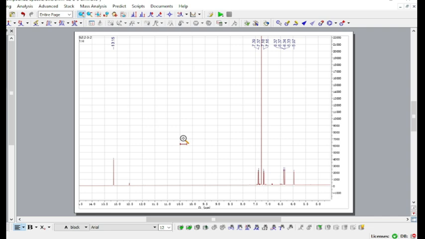So if you have, for example, five signals, each one may have one, two, three protons. And when you combine the integrations of all the signals, you get the total number of hydrogens in your molecule.